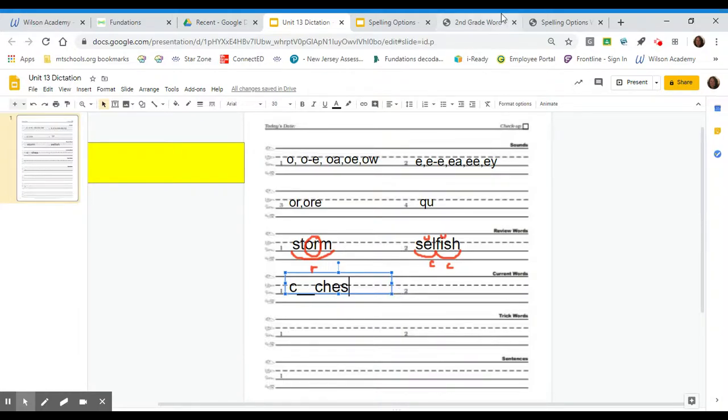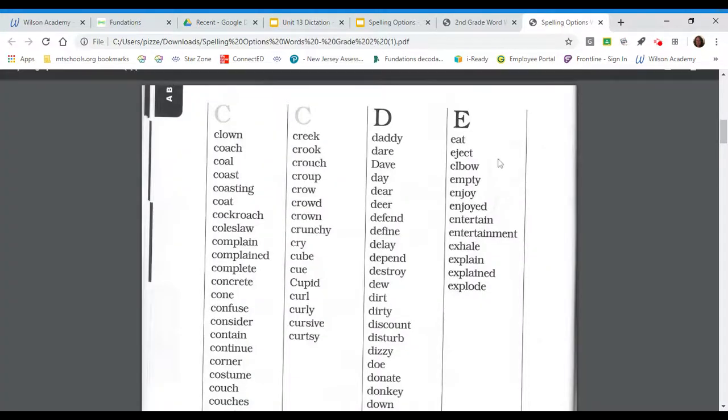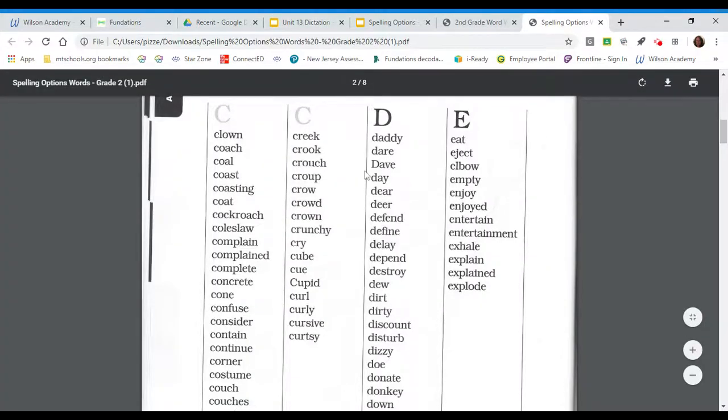What we would do is look in your spelling option section of your student notebook. I happen to have it right over here. And if we are looking, we can see right over here is your C's. So you're going to look down the column, C-O, and here is the word right over here.